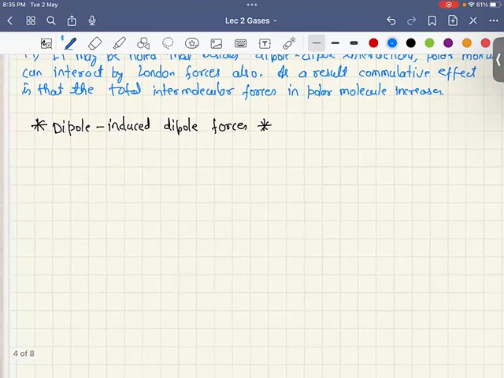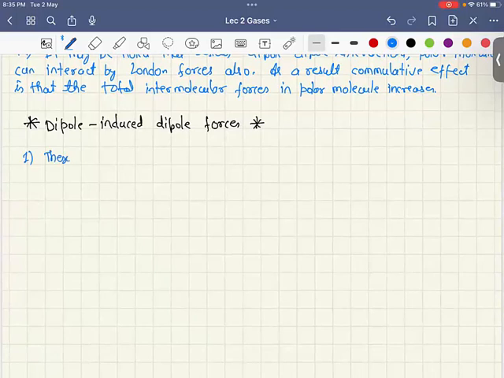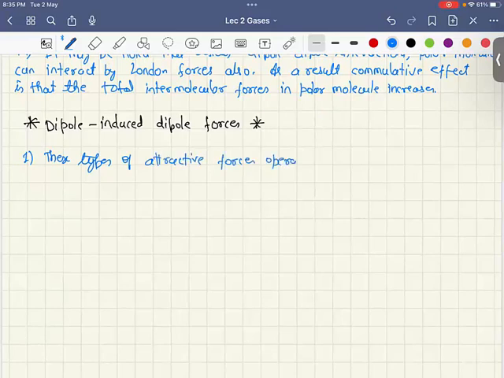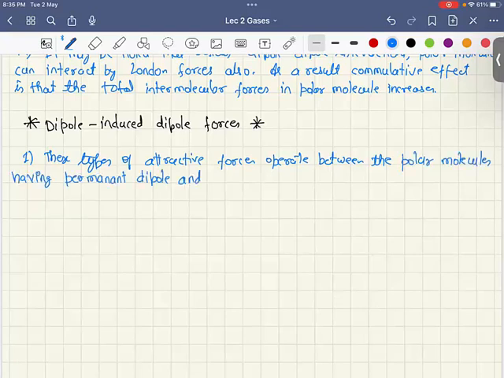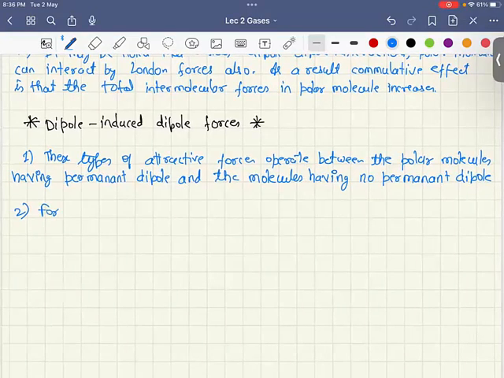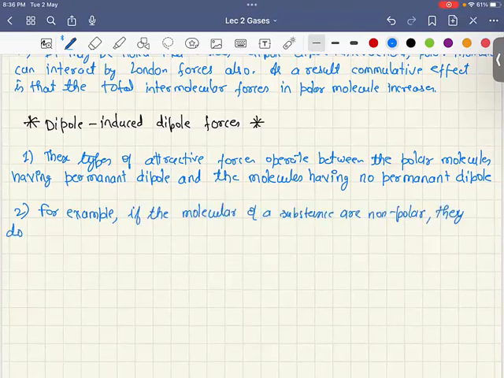These types of attractive forces operate between the polar molecules having permanent dipole and the molecules having no permanent dipole. For example, if the molecules of a substance are non-polar, they do not possess any dipole, right?